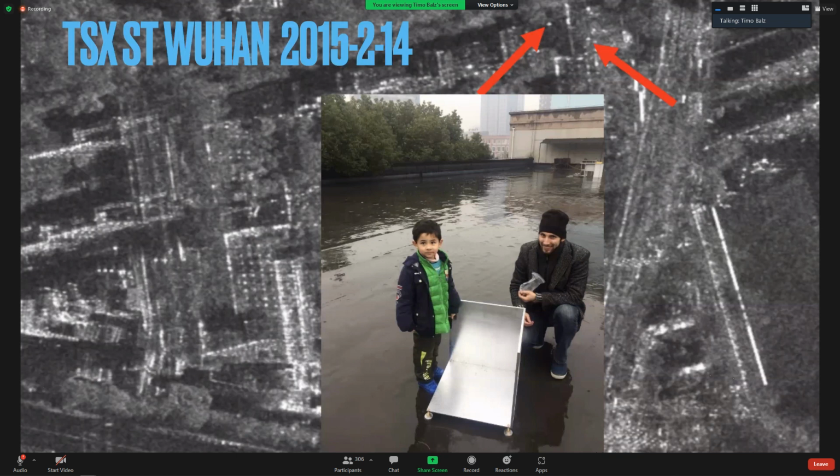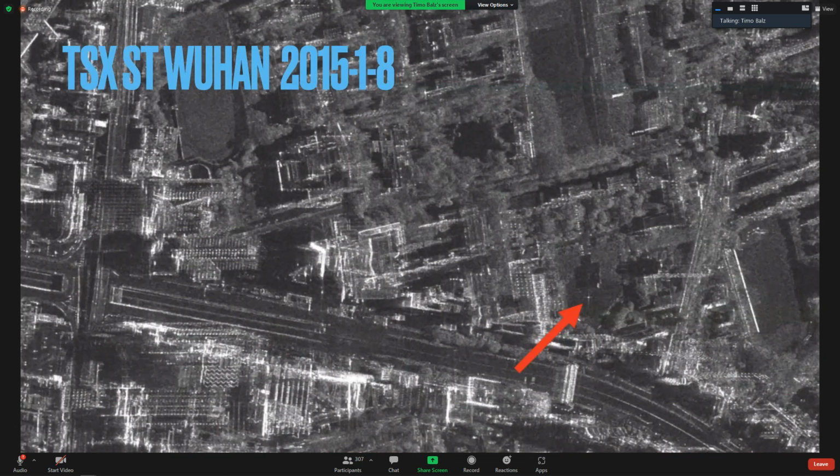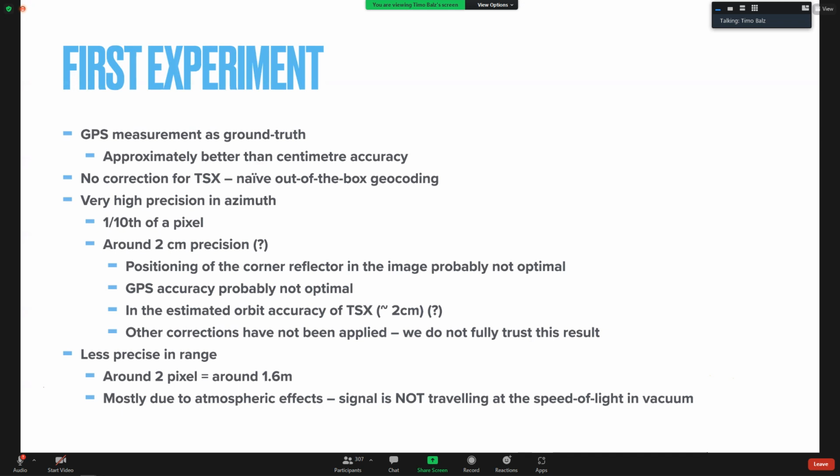2015 is some years ago. Also, we set some up in front of the entrance of our university. And we did some very first experiments here. We just did not really correct very much. And we achieved very good positioning already in azimuth, where we were up to about 2 centimeters precise.